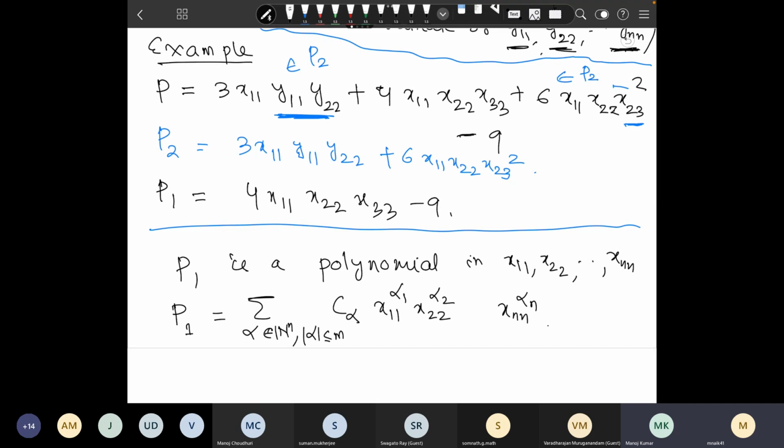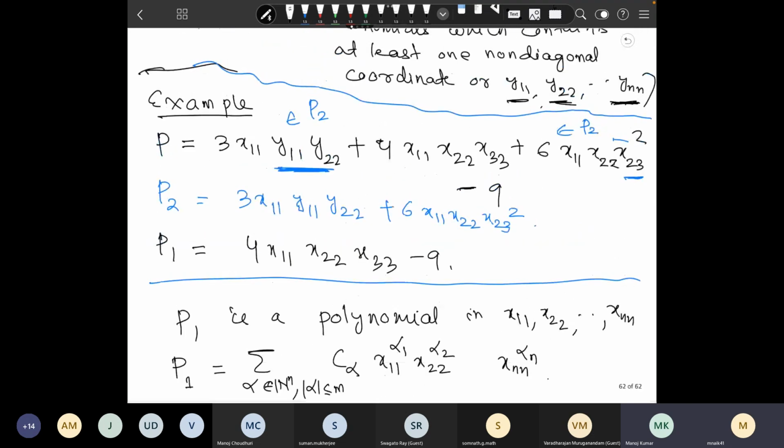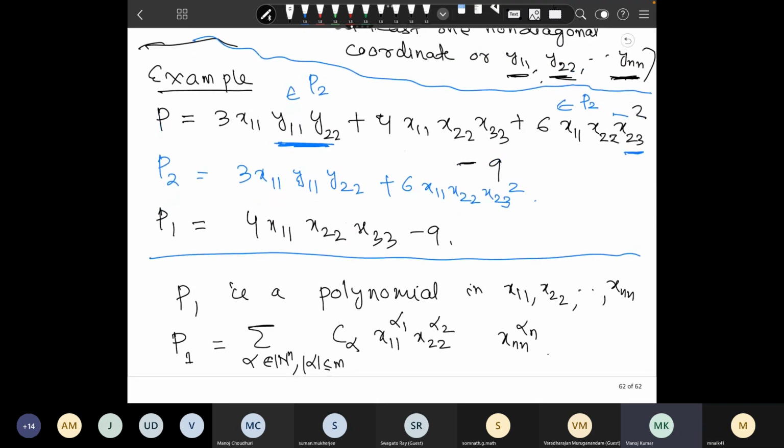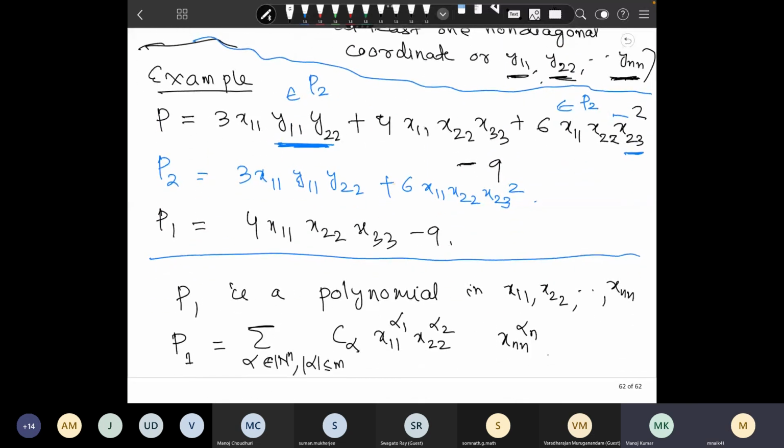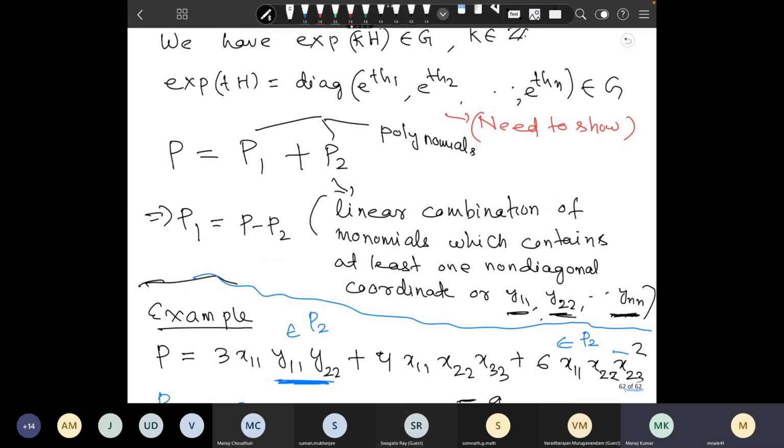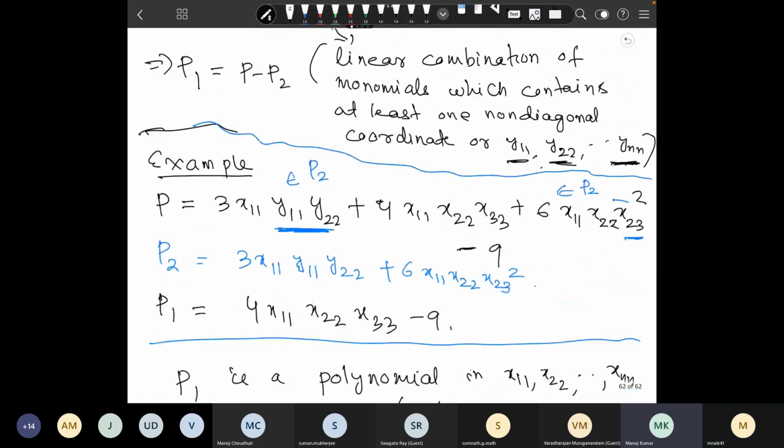Is it clear, Manojda? P1 will be a polynomial in this. So far clear, right? Hello? Pritam, is it clear? Yes. Yeah. So P1 will be a polynomial in this.